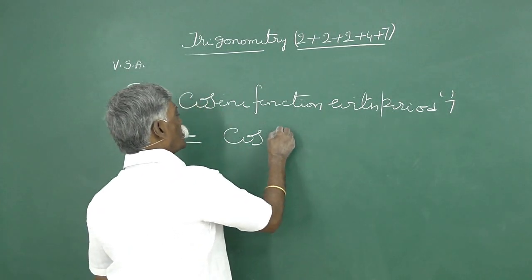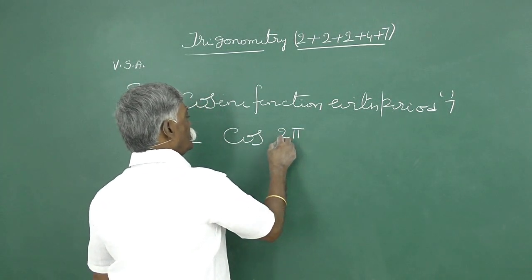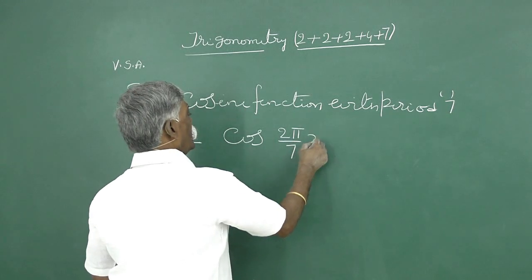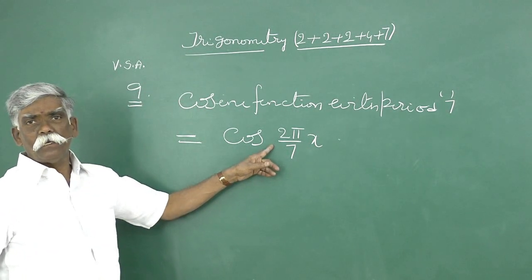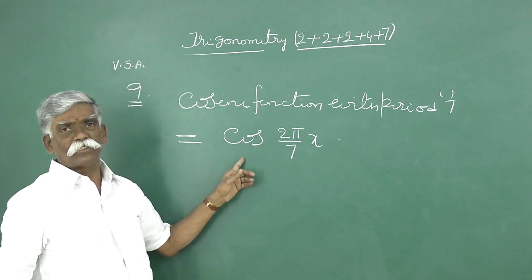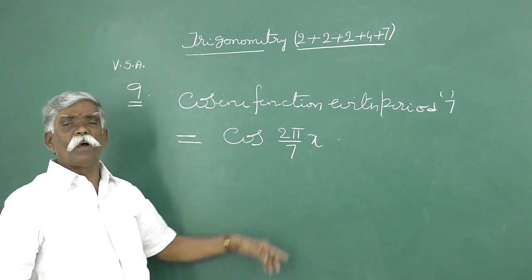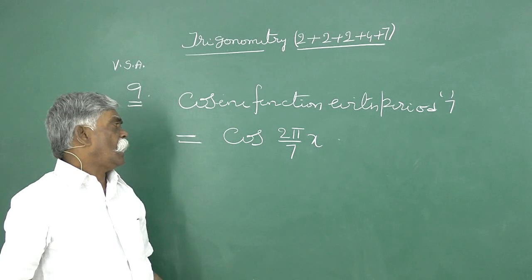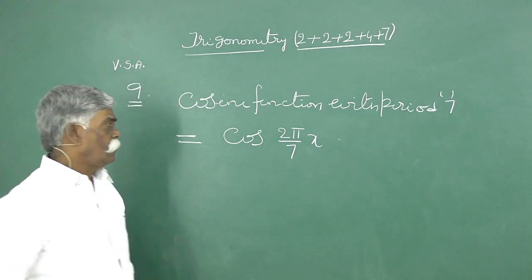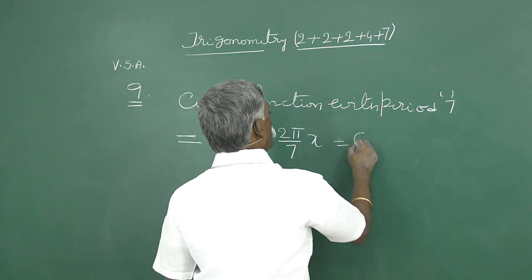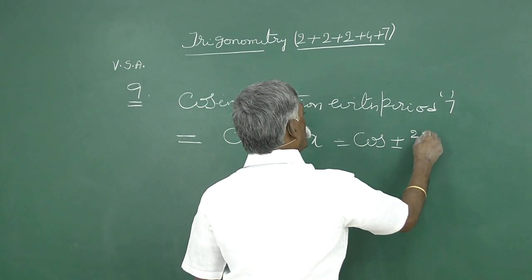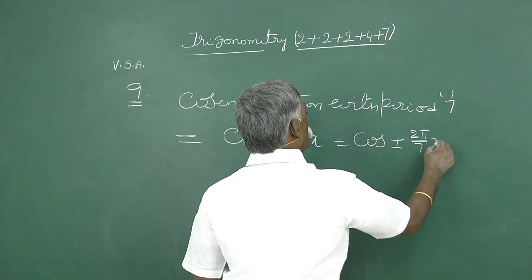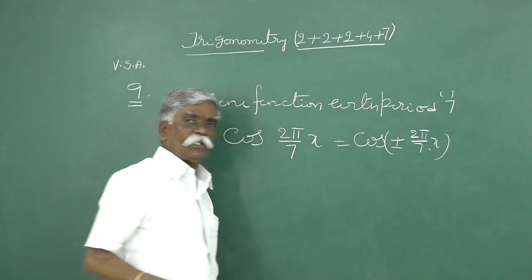So, therefore, it is cos of 2 pi by 7 into x. Here plus or minus can be written, but cos of plus theta or cos of minus theta both are same, hence it is not written. Even if we write this as cos of plus or minus 2 pi by 7 into x, the answer is same.